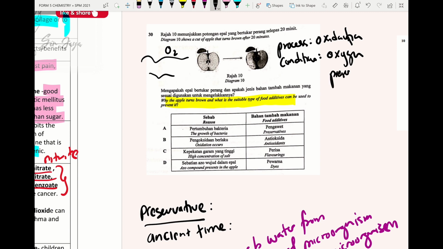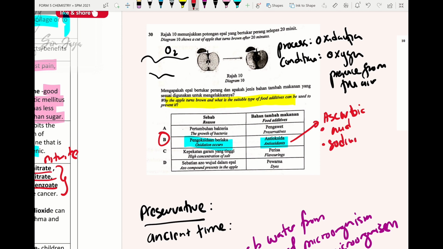Please remember. To prevent this, we need an antioxidant. So the reason is that oxidation occurs, and the food additive needed is antioxidant. So the answer will be B. Please remember examples of antioxidant, which are ascorbic acid, sodium citrate, or citric acid.